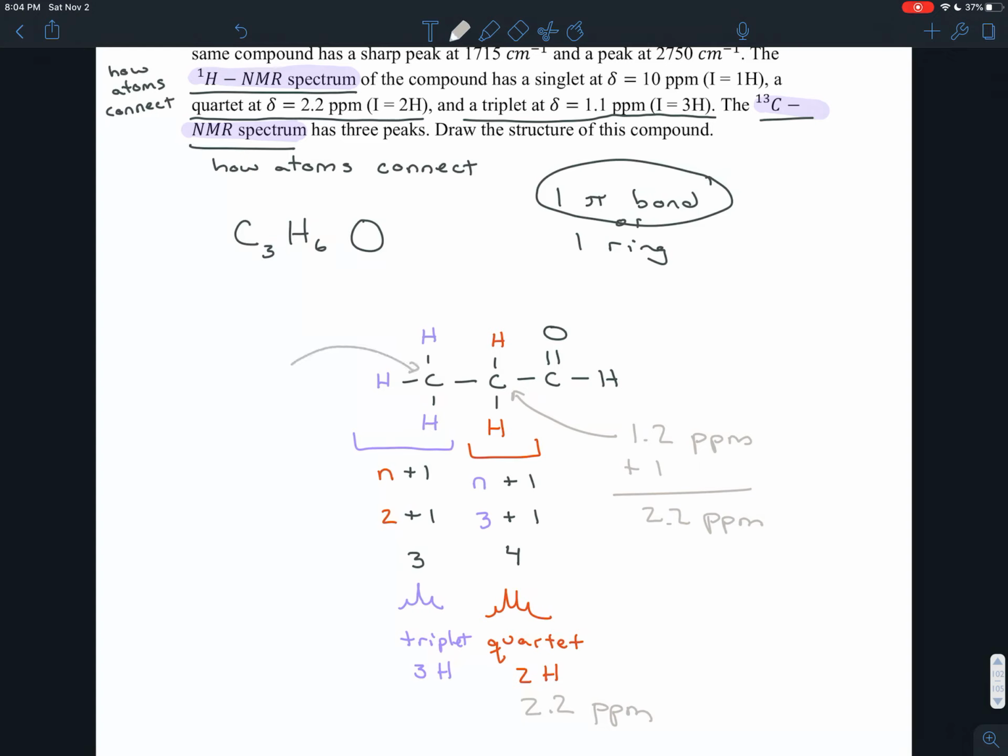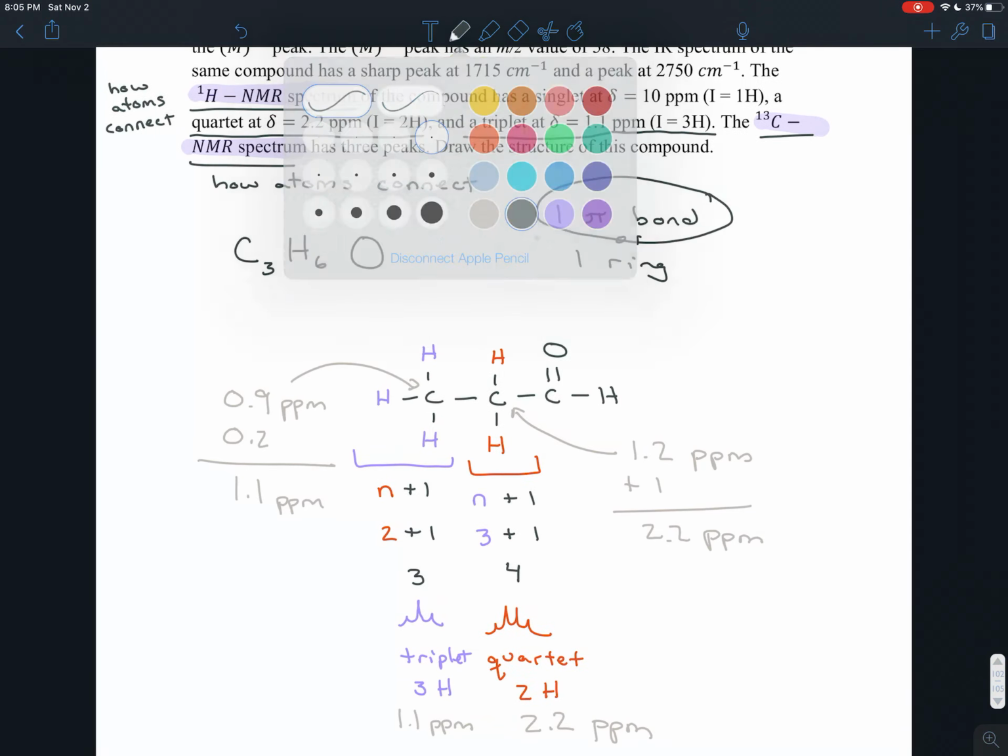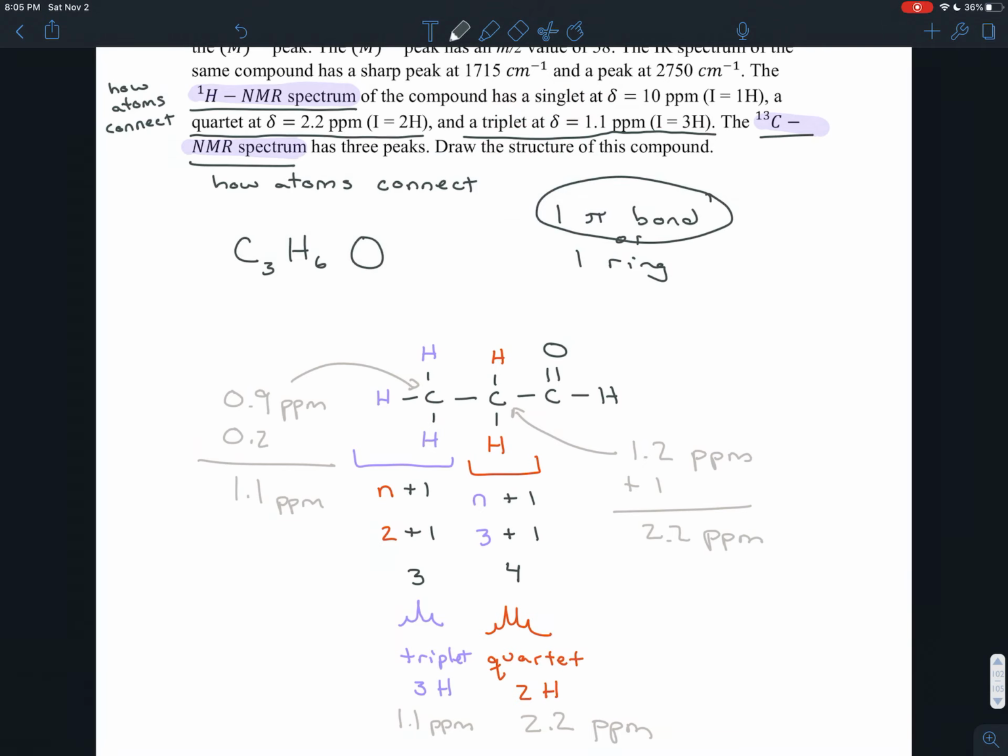The other carbon, that's a CH3, normally has a shift of 0.9 parts per million. It is beta from a carbonyl. That means you add 0.2. Overall, you'd expect that at 1.1 parts per million. So let's compare that with the information that the problem gives us. We have a quartet at 2.2 with an integration of 2.